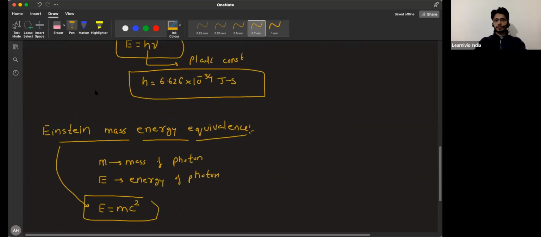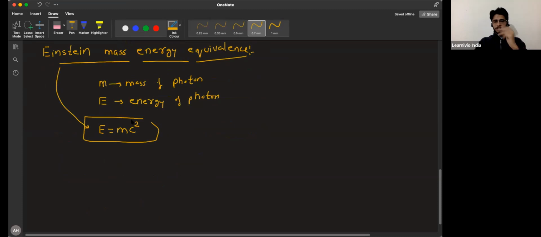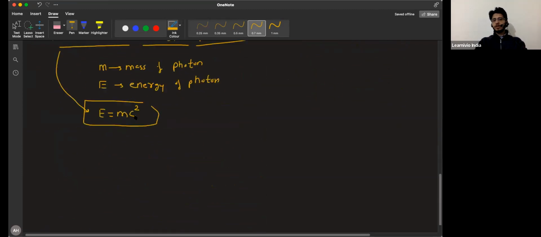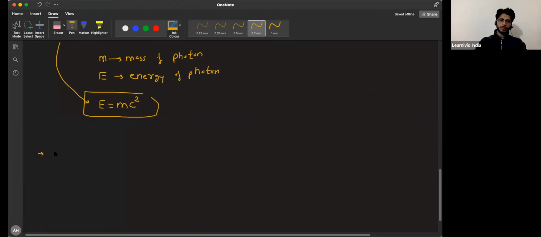Okay, now in this mass energy equivalence, you can calculate the mass of a photon also. So there is one statement which says the rest mass of a photon is 0.